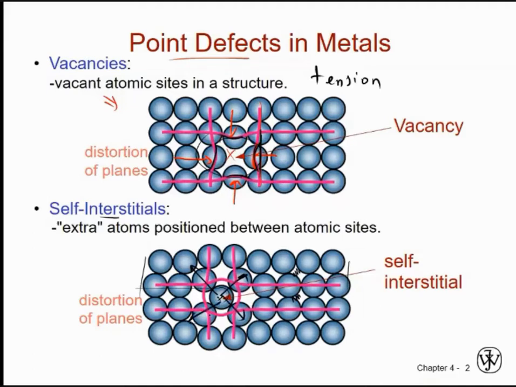It will compress them aside. So atoms around it will be under compression. So I have two: vacancy, where I have a missing atom, and self-interstitial, where I have an extra atom at an interstitial place. And as a result, in both cases, the planes are distorted, bent.